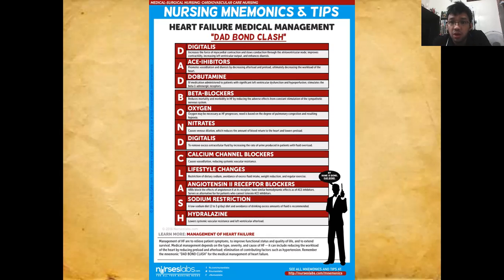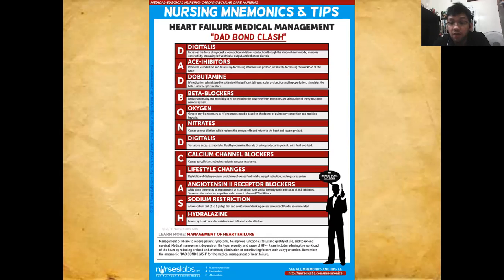Angiotensin 2 receptor blockers can also be given. Again, these medications are used to treat hypertension as well, and they block the effects of angiotensin 2 at its receptor sites. Remember, with the renin-angiotensin aldosterone system, angiotensin 2 will cause the blood vessels to constrict.